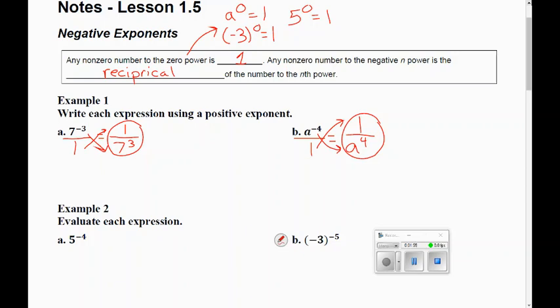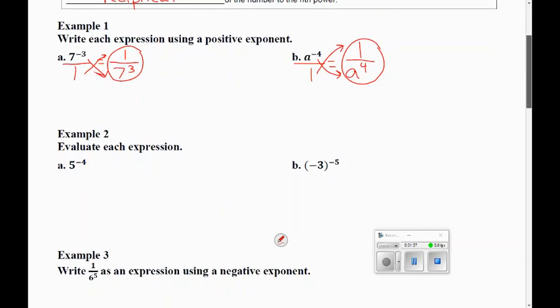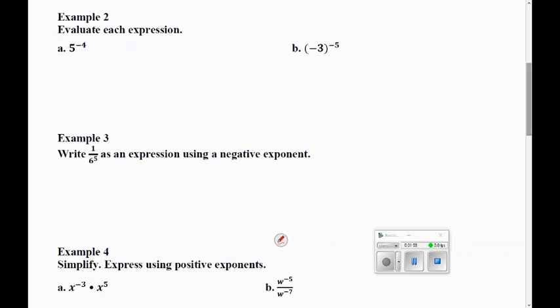Now when we move to example 2, to evaluate the expression, the word evaluate is going to tell us that we need to solve this out. So the first part of it is exactly what we did in example 1.